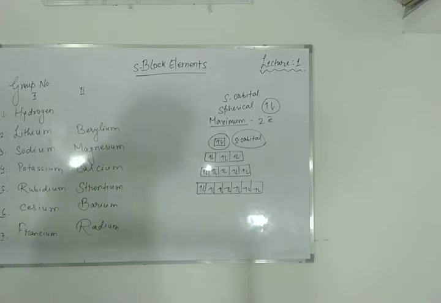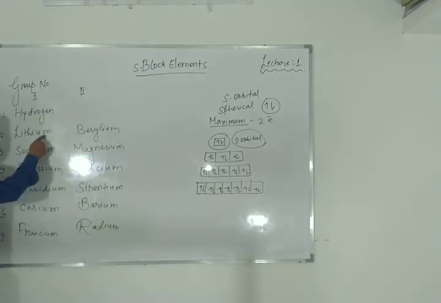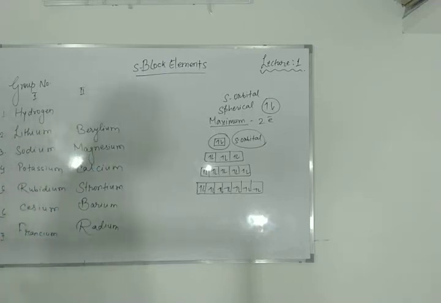properties which are different from those of other members of the respective group in this anomalous property. Anomalous properties means they resemble the second element of the following group.